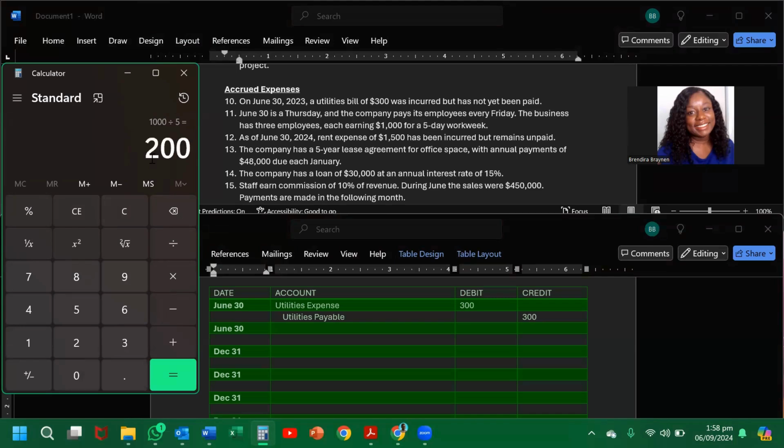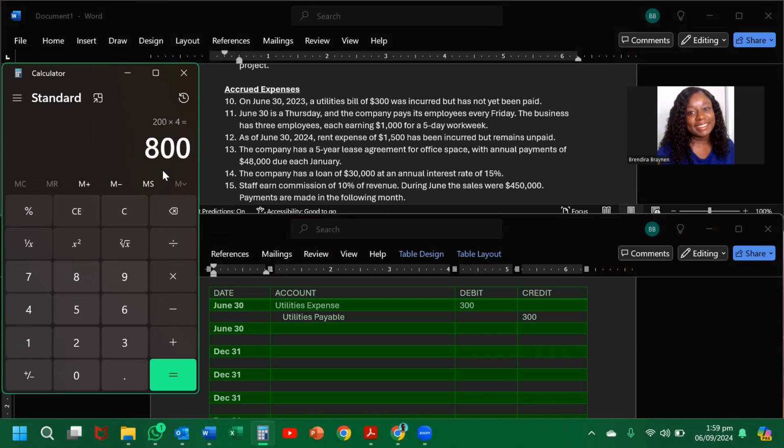They get paid $200 each per day. For one employee, I can take that $200 a day times the 4 days that represents the last 4 days in June. That's $800. So as of June 30th, I owe each of my staff $800 for the rest of their June pay.